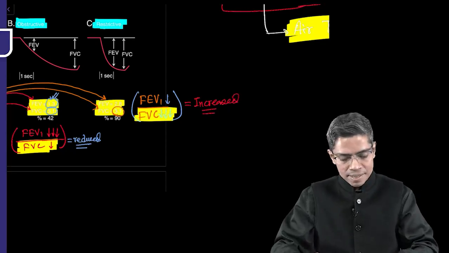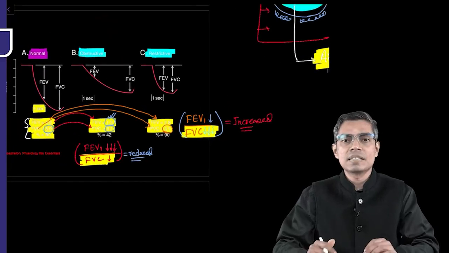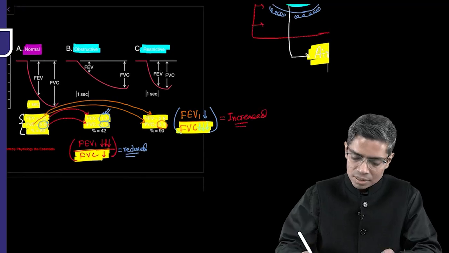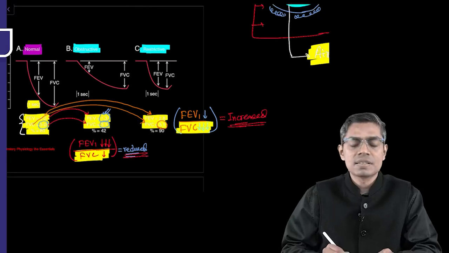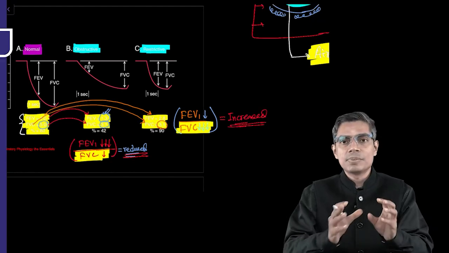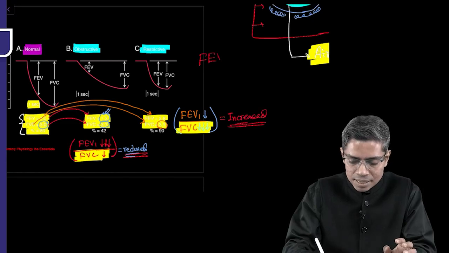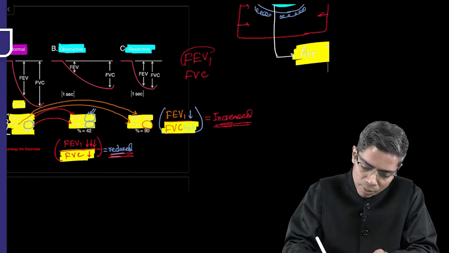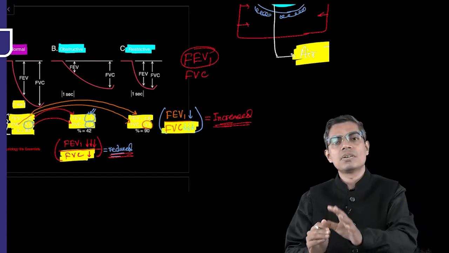That's why we say that typically in restrictive disease, particularly in case of parenchymal restriction, the ratio is increased, but in obstructive disease, the ratio is always decreased, right? But if you look at the volume of FEV1 and the volume of FVC, both volumes will be reduced in both disease types, whether it is obstructive or restrictive.